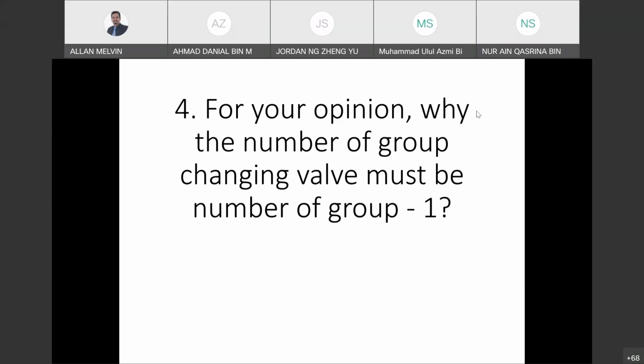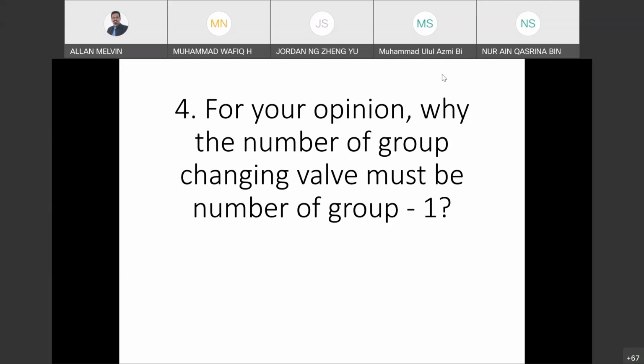Because cascading must have a minimum of 2 groups, right? So maybe you can just answer based on your opinion. So no right or wrong. Why must the number of group changing valves be the number of groups minus 1? Any guesses?